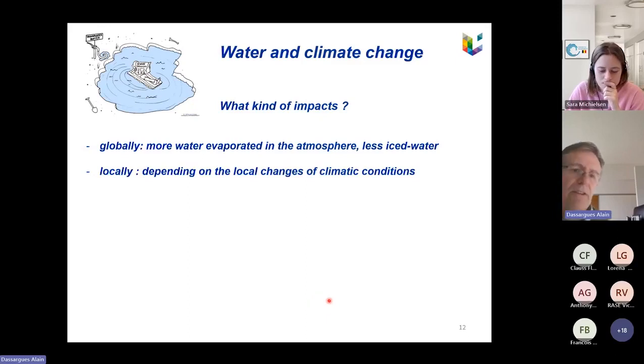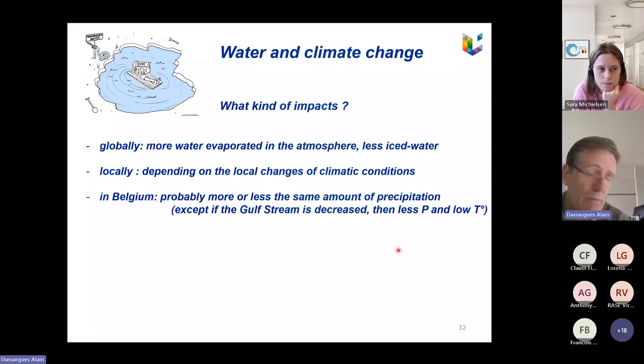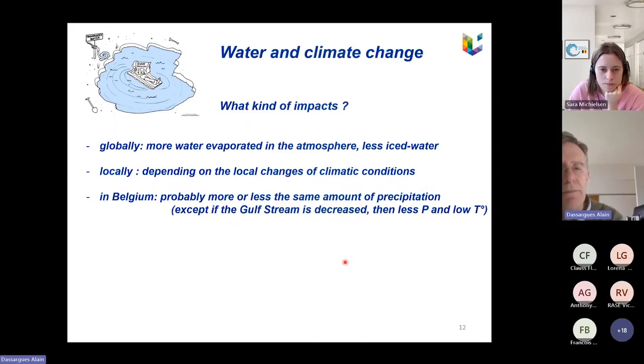The consequences locally will depend on how the local climate will change, because it can have different kinds of trends. For example, in Belgium, we will probably have more or less the same amount of precipitation as now, but the temperature will be increased. And globally, we will have more evaporation due to that temperature.